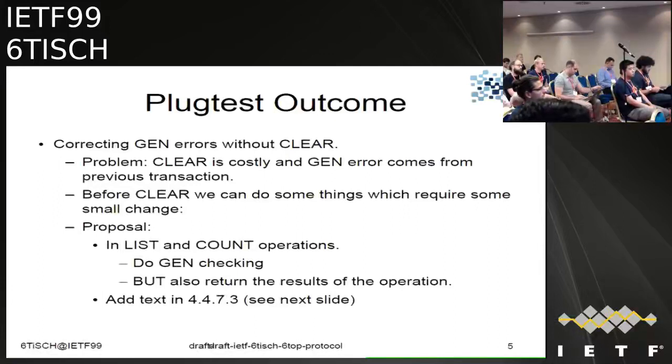So in the current version, we recommend that when this inconsistency is detected, it's not mandatory, but we recommend to clear the schedule. Clearing the schedule can be very costly, especially if we take into account that maybe we only lost 1 or 2 ACKs.